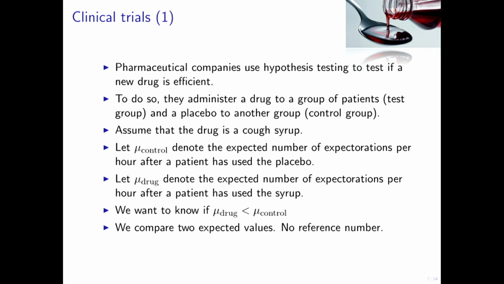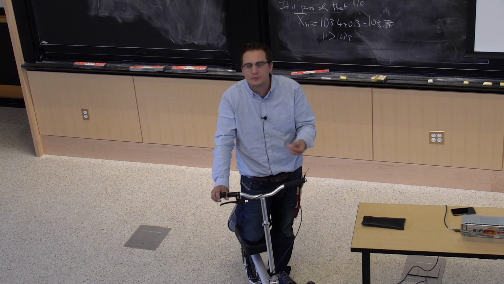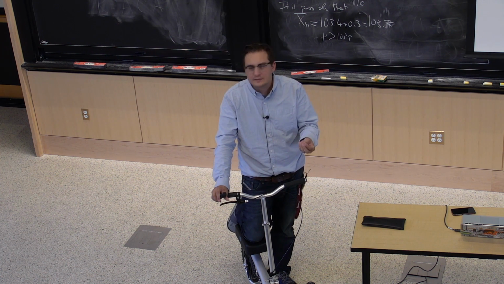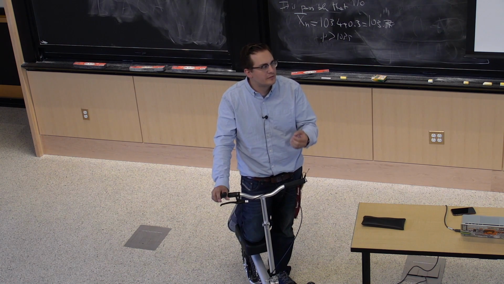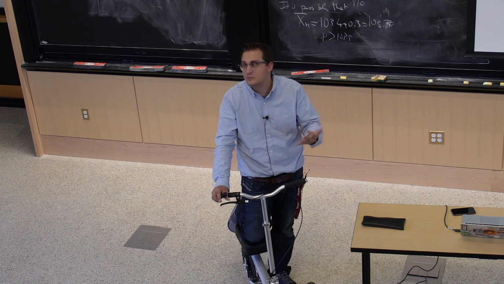So to do so, of course, there's no ground truth, because there's a placebo effect. It's not like giving a drug that does not work is going to have no effect on patients. It will have a small effect, but it's very hard to quantify. We know that it's there, but we don't know what it is. And so rather than saying the ground truth is no improvement, the ground truth is the placebo effect, and we need to measure what the placebo effect is.